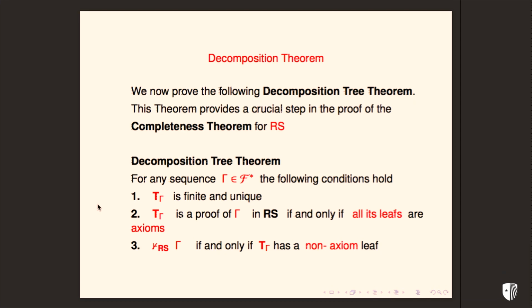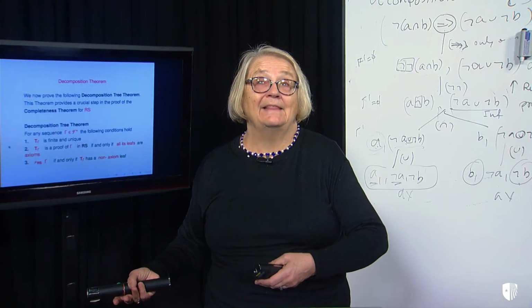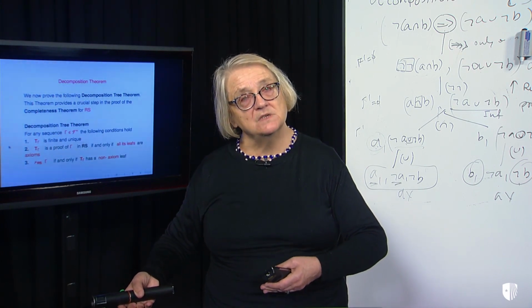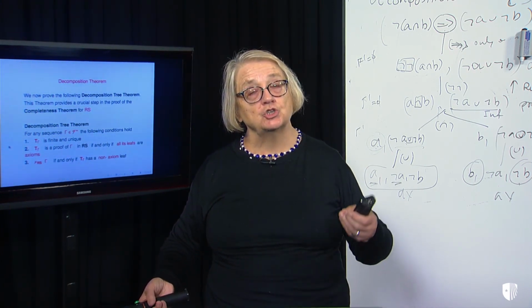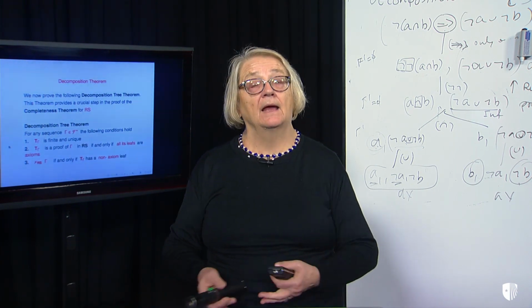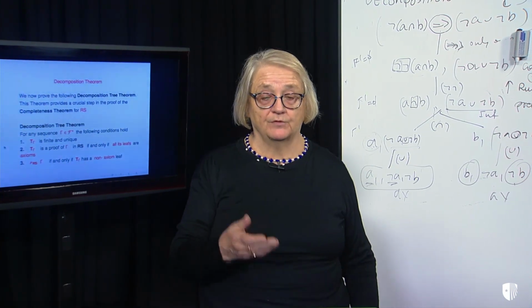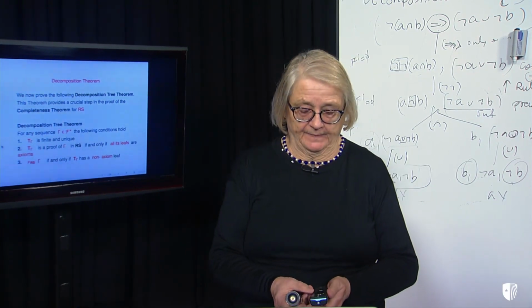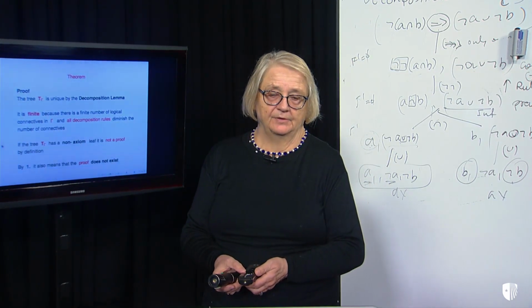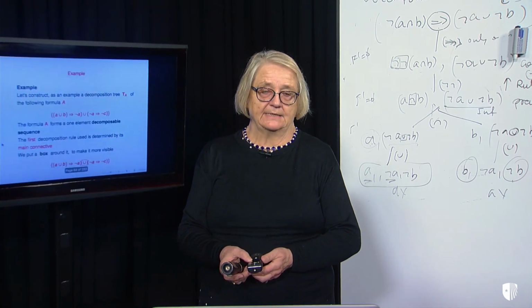Because the tree is unique, if you find a non-axiom leaf, not only is what you found not a proof, it means, because the search is unique, you will never have a proof. So that means the proof does not exist.